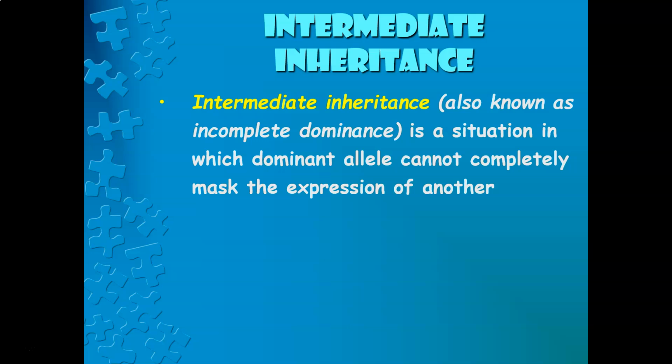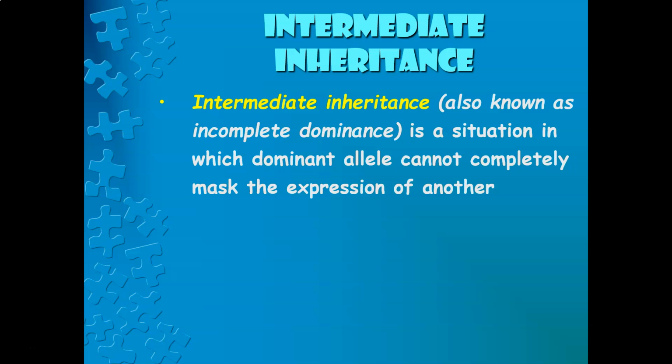And what we're talking about here with intermediate inheritance or incomplete dominance is a situation where you have a quote-unquote dominant allele, but it's not truly able to fully mask the expression of the recessive one. So when we talk about Mendelian genetics and that dominant versus recessive, think of it maybe in percentages if that helps. When you have a heterozygote individual, their dominant characteristic 100% masks the recessive protein that's being produced.